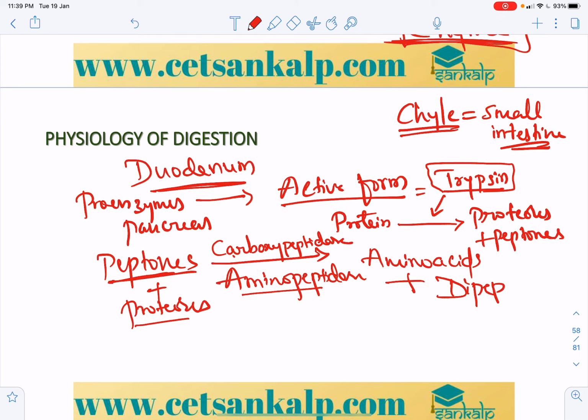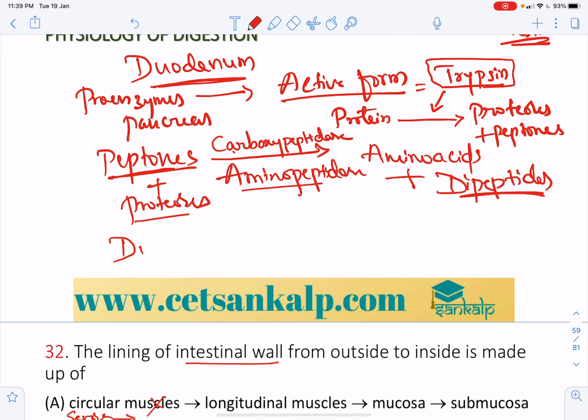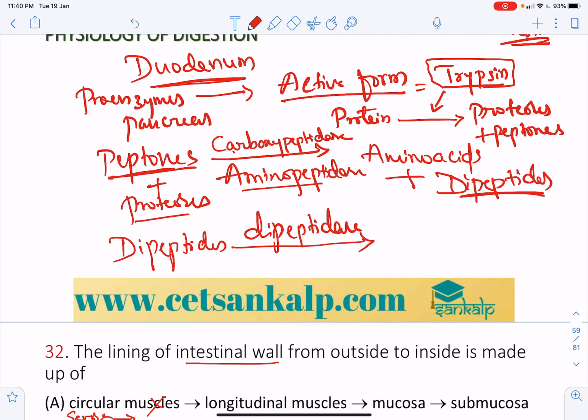Sometimes they get converted into amino acids and dipeptides, and on dipeptides, definitely we can expect many questions. Dipeptides in the presence of dipeptidase are converted into amino acids finally, right.